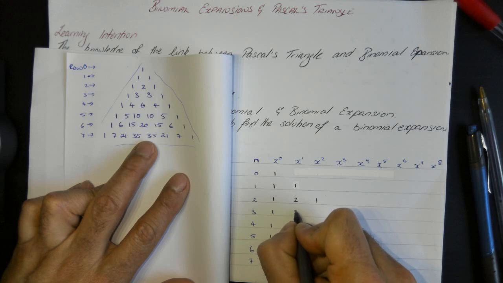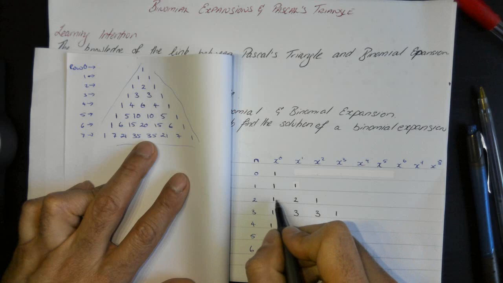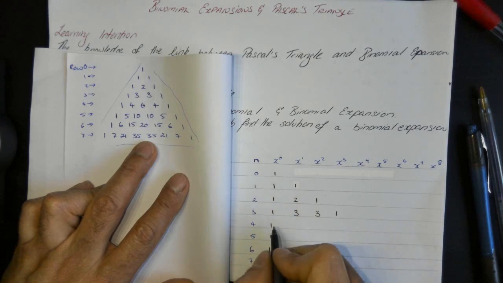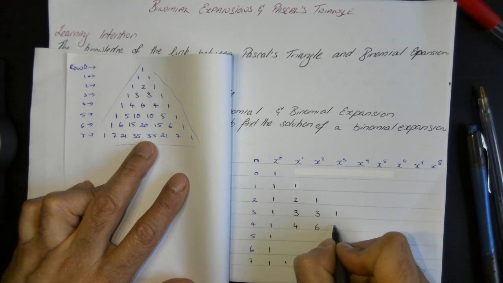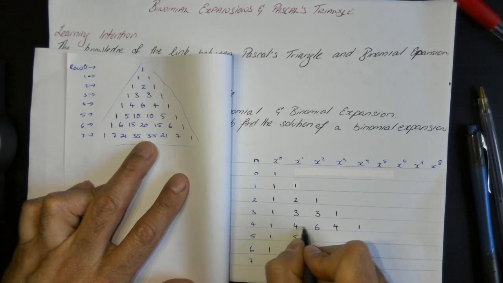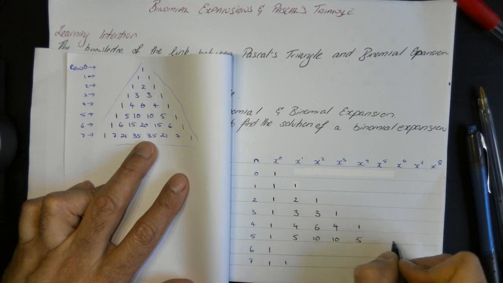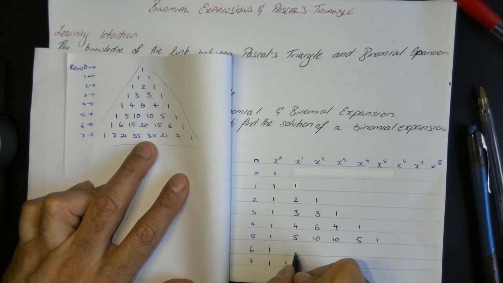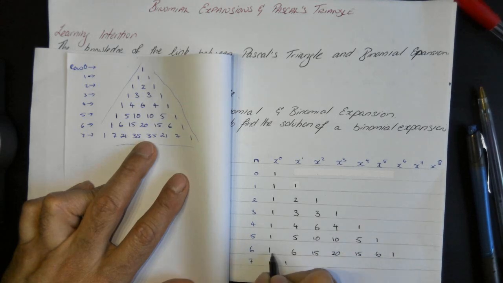This is 3, 3, 1. 4, 6, 4, 1. 5, 10, 10, 5, 1, 6, 15, 20, 15, 6, 1.